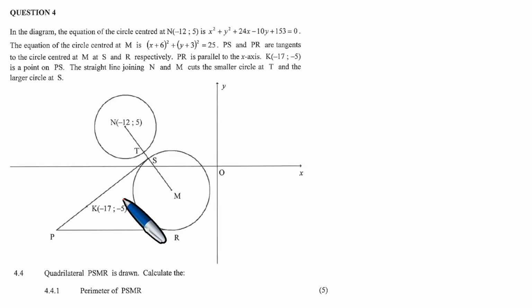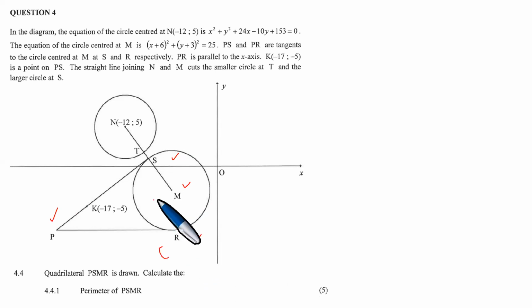Okay, in this next question, we are looking at the perimeter. The perimeter is determined by the sum of the lengths of the sides. So if you want to find the perimeter of PSMR, you can find the perimeter over there. What are the coordinates of this one?